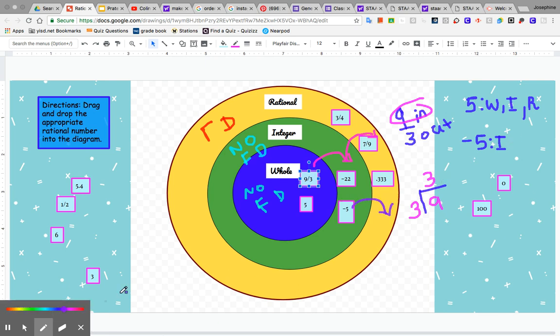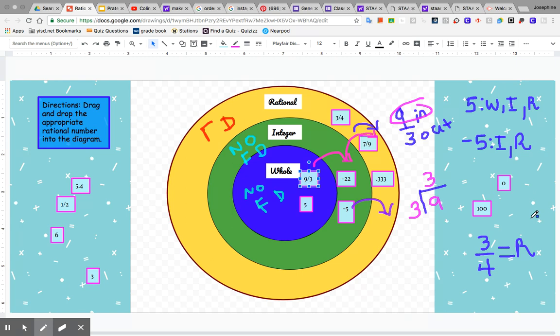So then we could also say that it is also rational. Okay, now 3/4. What about 3/4? Well, 3/4 is only inside of one ring, and that is the rational number ring. It is neither integer nor whole number. It is just rational, so it's just one classification right there.